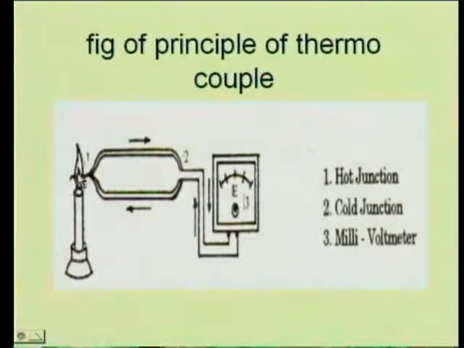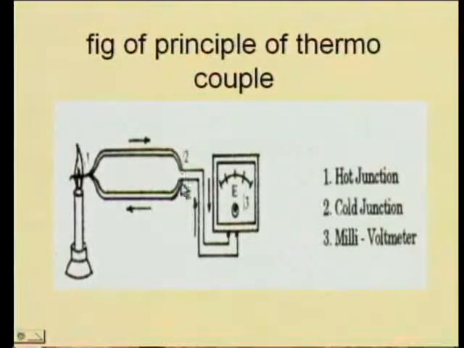Here these are two dissimilar wires. This is one wire, this is another wire. These two are joined together here, by soldering or brazing or even simple twisting, and here we are heating it. When heat is given here, EMF is generated.